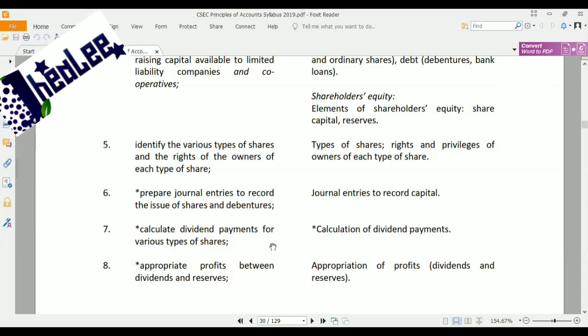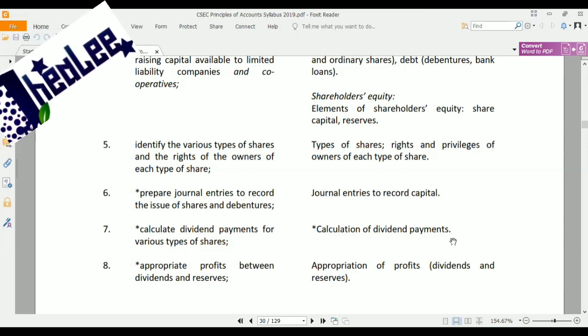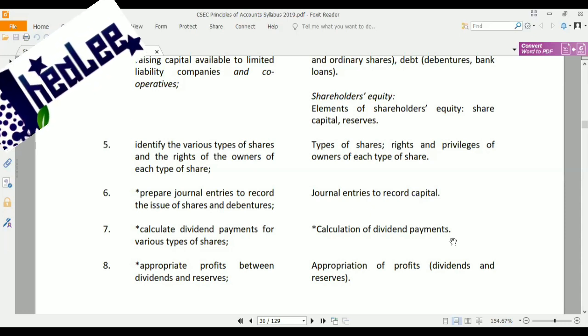Number 7, calculate dividend payments for various types of shares. And remember, there are 2 types that are focused on, and they're ordinary shares and preference shares. When you move further, you would understand that ordinary shares is the same thing as common stock. So the persons that purchase shares within the business now become part owners of the business.